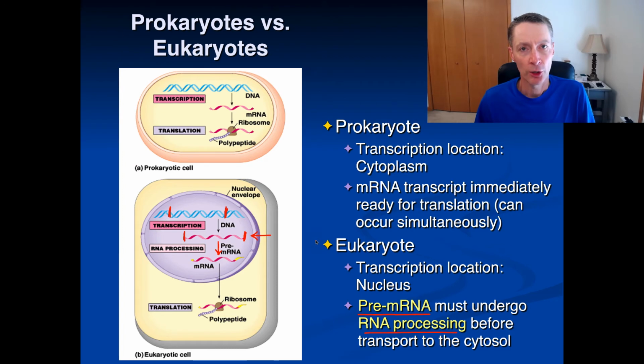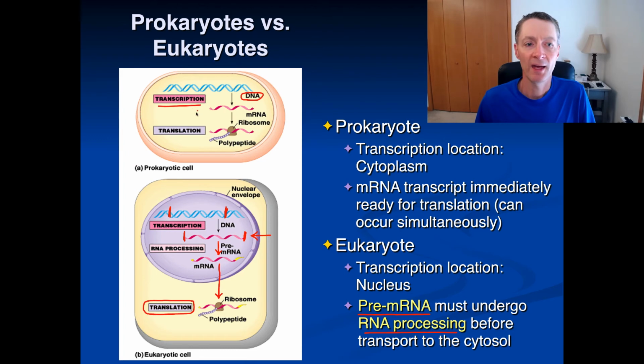Finally, a huge difference that we'd see between them is that in order for translation to occur in a eukaryote, we need to bring that RNA transcript out of the nucleus to have translation occur, because the ribosomes are found in the cytoplasm. Okay? However, we don't need to worry about this in a prokaryote. A prokaryote, the DNA is already in the cytoplasm.